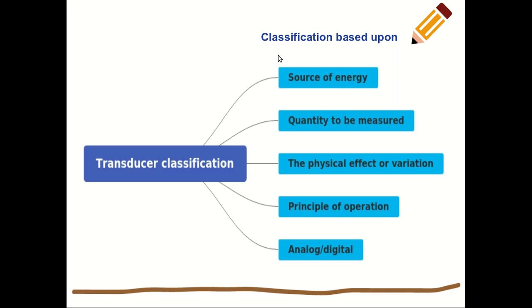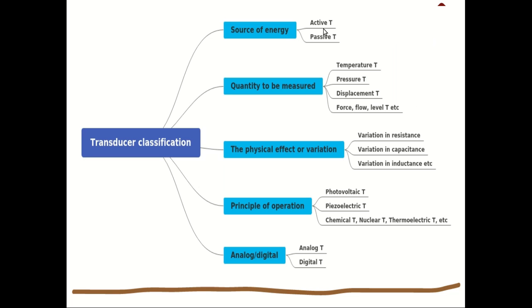So there are various ways by which we can classify transducers into various classes. Depending on this classification scheme, a transducer is of a variety of types. There are a huge number of classes of transducers. So let us see one by one.